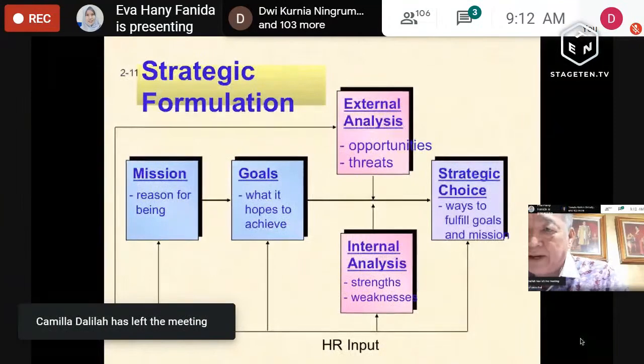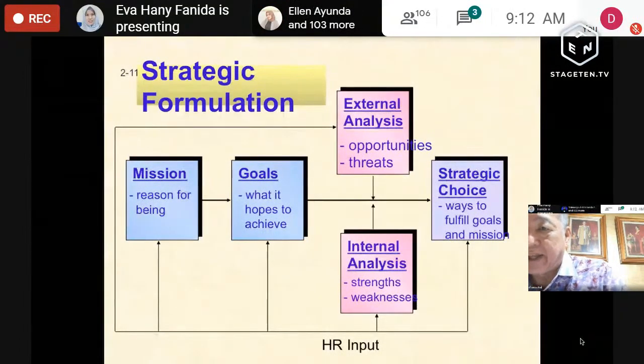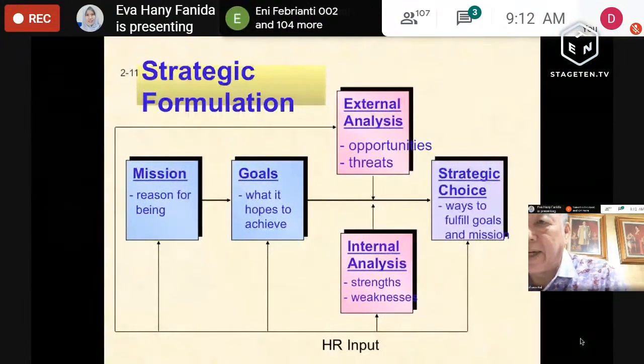Opportunity means a good chance, how the company has a good opportunity to do something. And the negative side is threat. Threat means something not good surrounding the company.